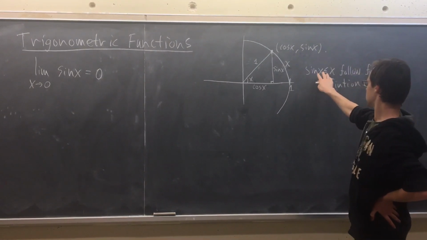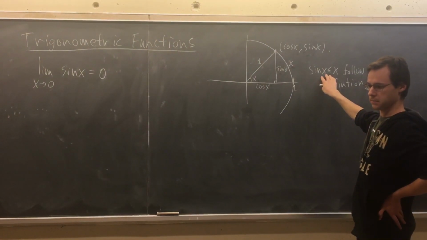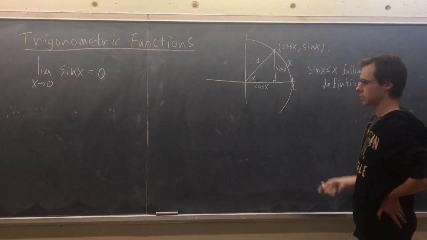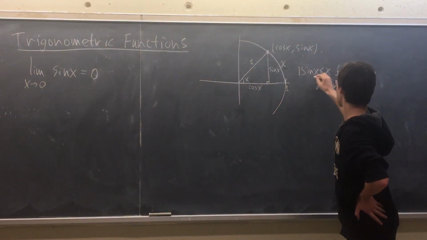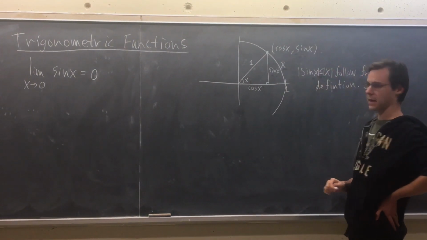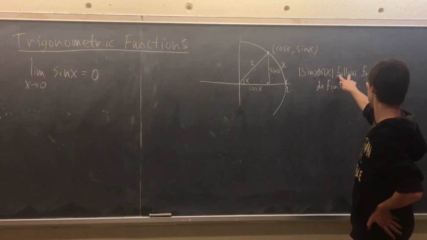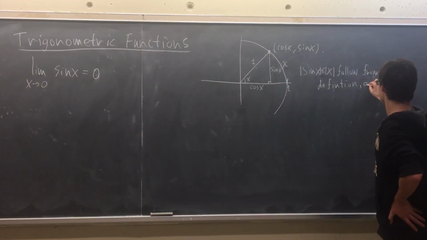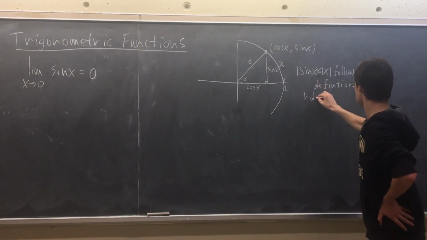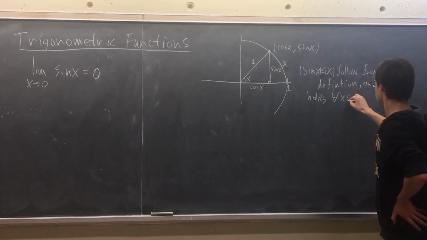So this holds just for positive x's, or x equals 0, but the more general inequality, absolute value of sine x less than or equal to absolute value of x, holds for all real numbers x. So this follows from the definition and holds for all x in R.